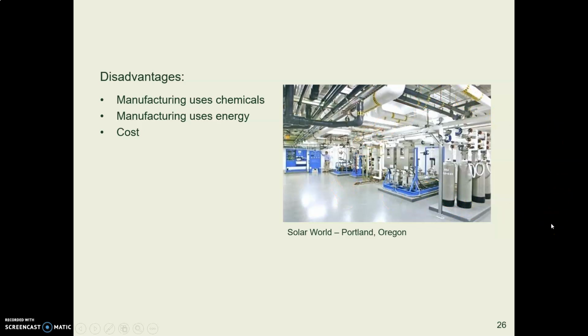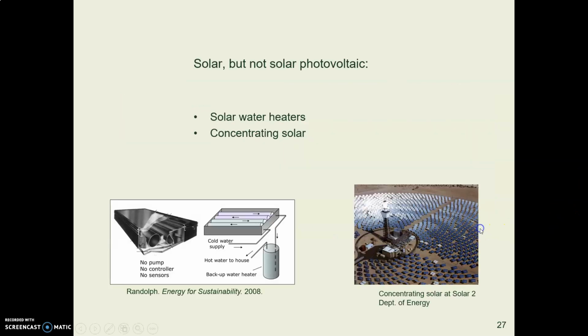We use those making solar cells, so that's a negative. The manufacturing plants also use a great deal of energy to make these cells, so you have to weigh those costs.